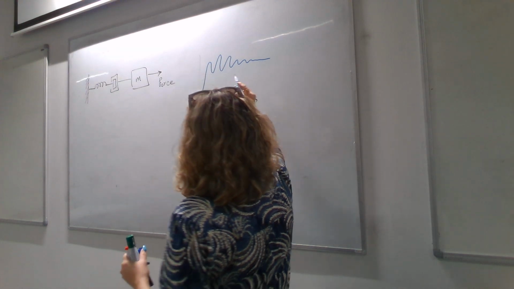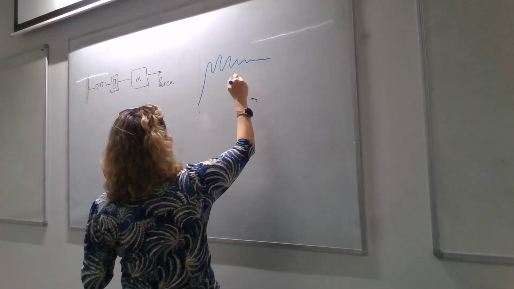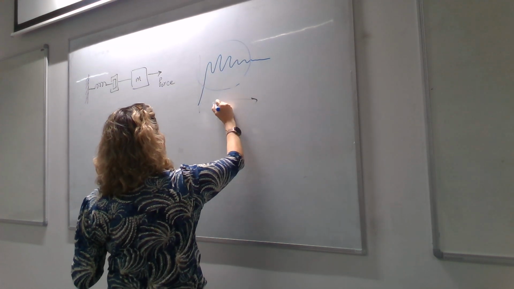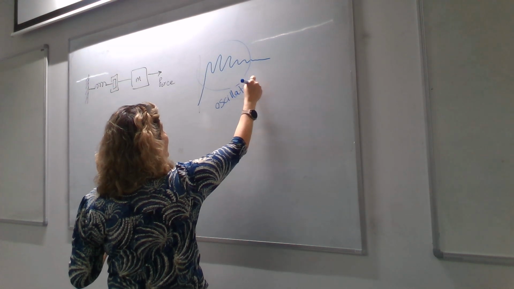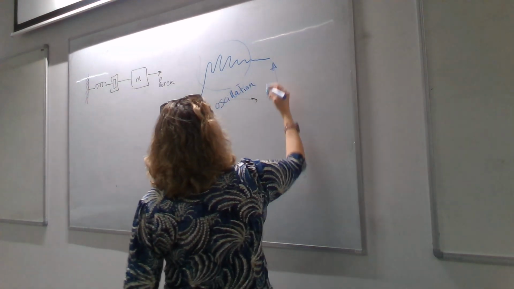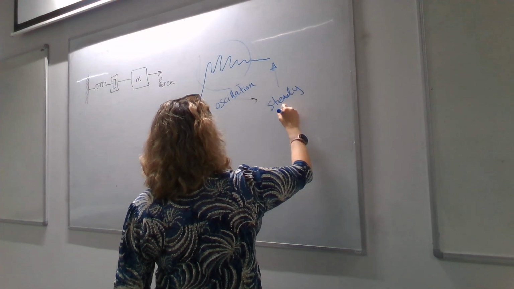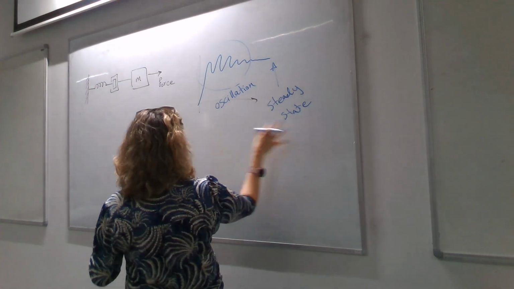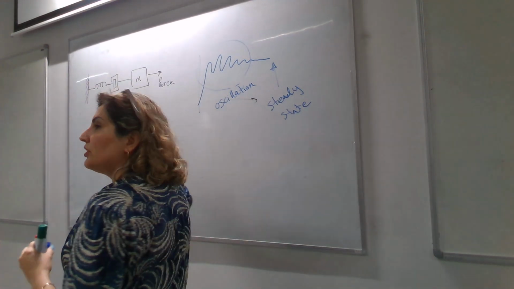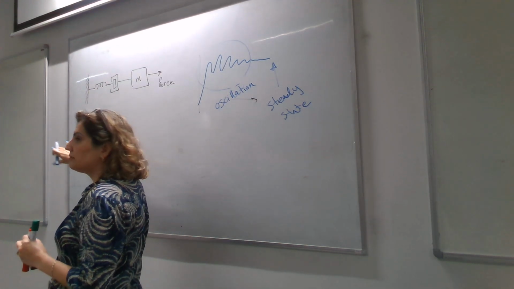Exactly. Yeah. So we are going to have this initial state, and then we are going to have this oscillation. And then at this stage, we are looking at steady state. We care about each of these because it is important when we are designing our system and when we are troubleshooting our system.